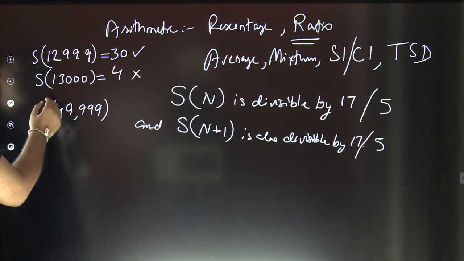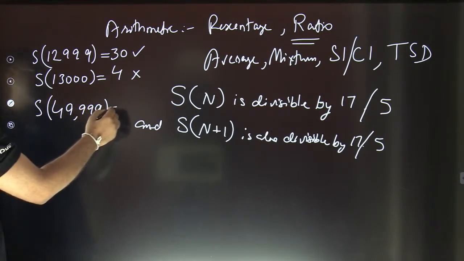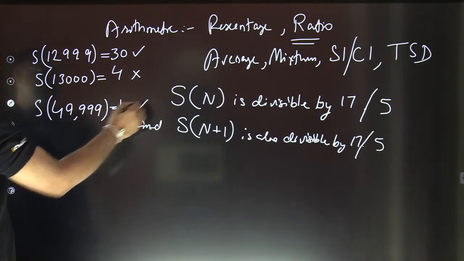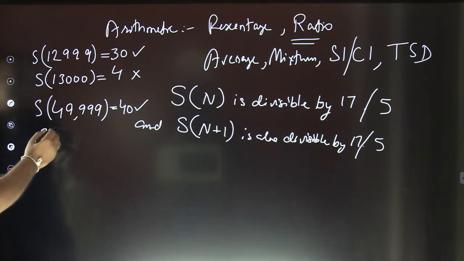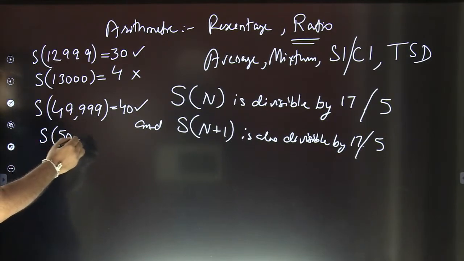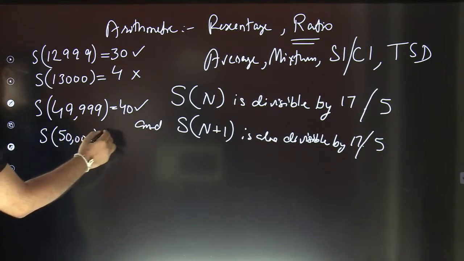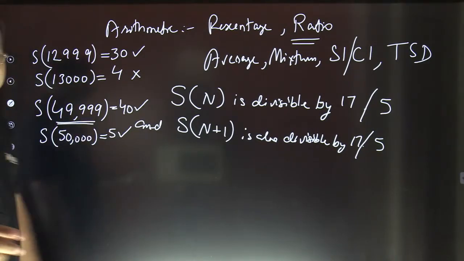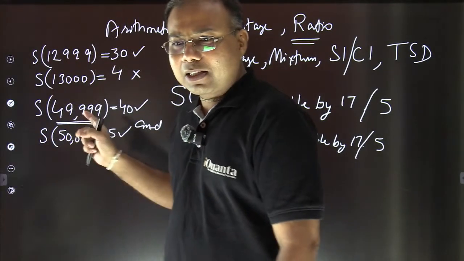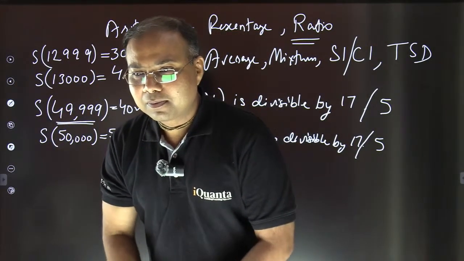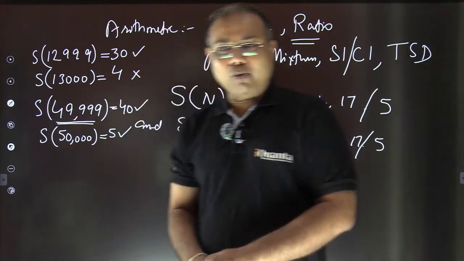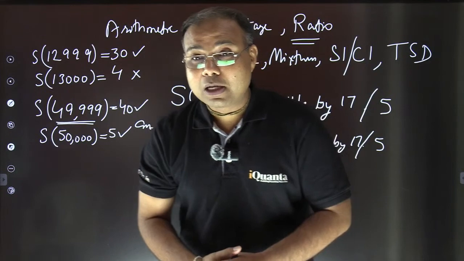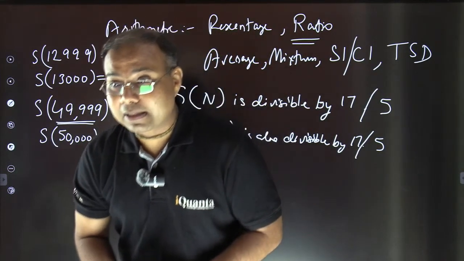That is the smallest number whose sum of digits is 36 plus 4, 40, which is divisible by 5, and its successor number is 50,000, whose sum of digits is 5, which is again divisible by 5. And this is the smallest number. By the way, Soumyadeep, can you confirm how did you get that this is the smallest number? How can you confirm this is the smallest number? It is the smallest number, but how did you find this and how do you confirm that this is the smallest one?